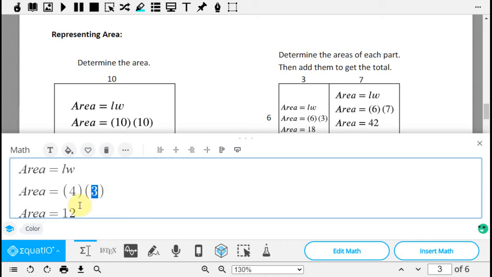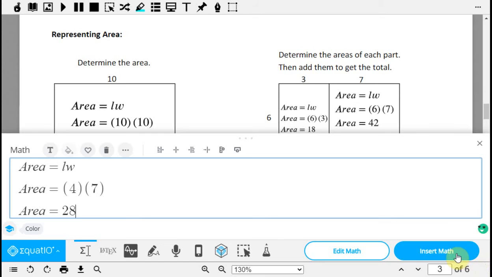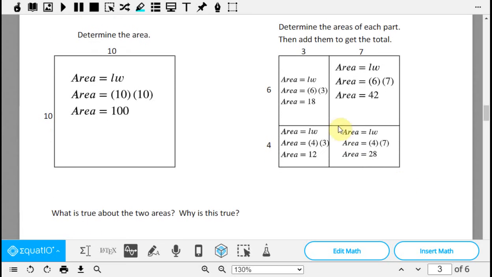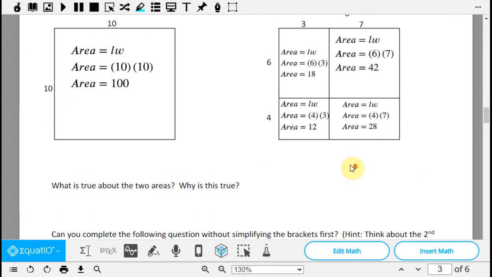And that's 28. Now that we have all the separate areas, what we'd like to do is add these up.